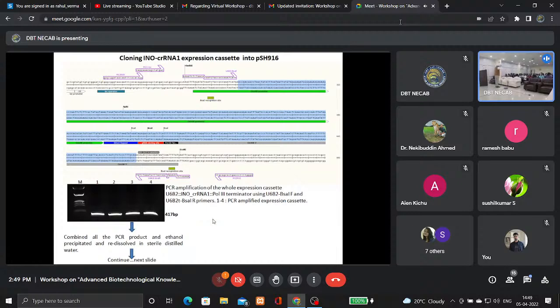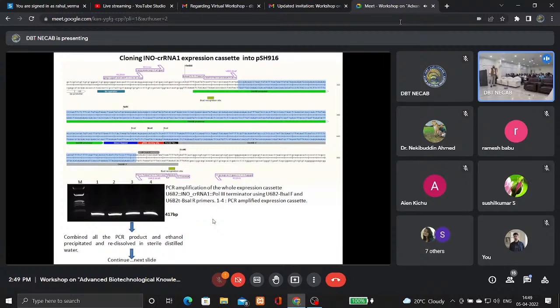right? And I have to introduce the BsaI site because in the 916 there is already a BsaI site in the cloning region, in the MCS region. So the BsaI site is there, and this BsaI site is not present in this region. So when we design the primer, we design it in such a way that it includes one BsaI site here.